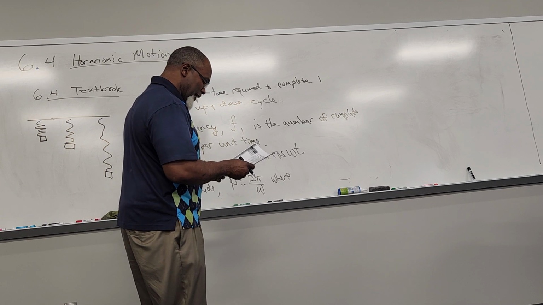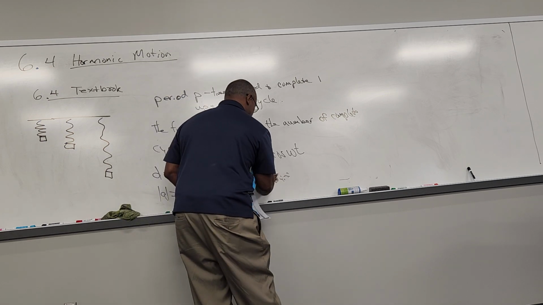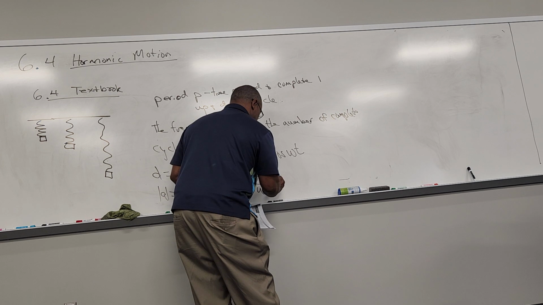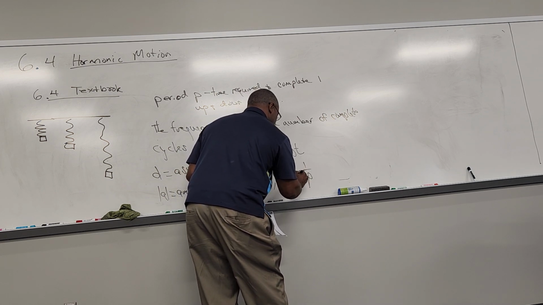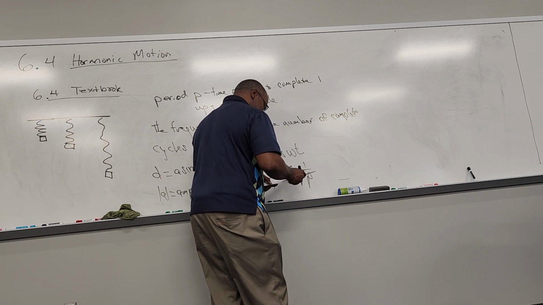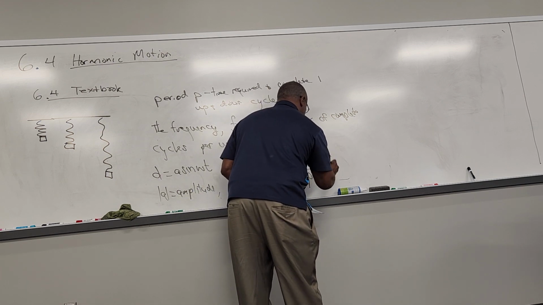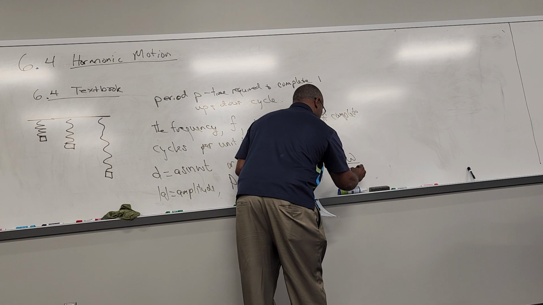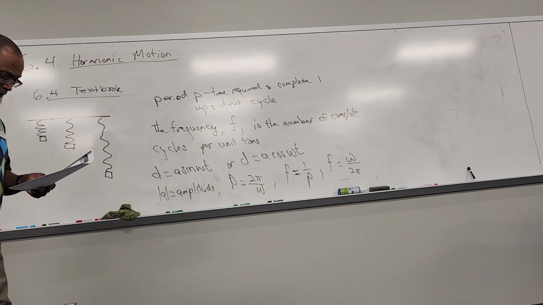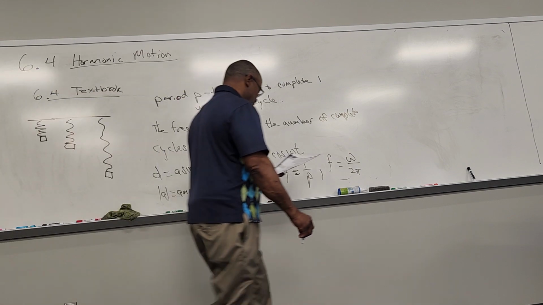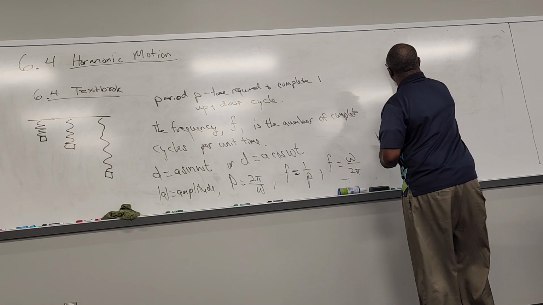And they say that f equals 1 over P. Frequency is 1 over the period. And they say that f equals omega over 2 pi, all right? And if you want, you can say that omega is 2 pi over P.